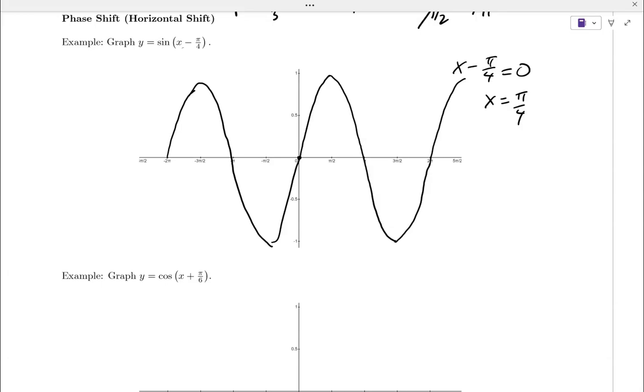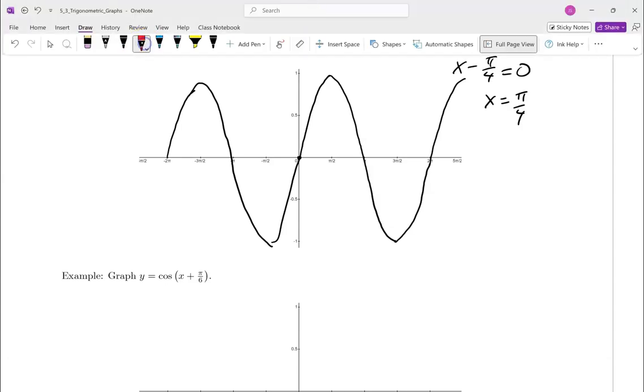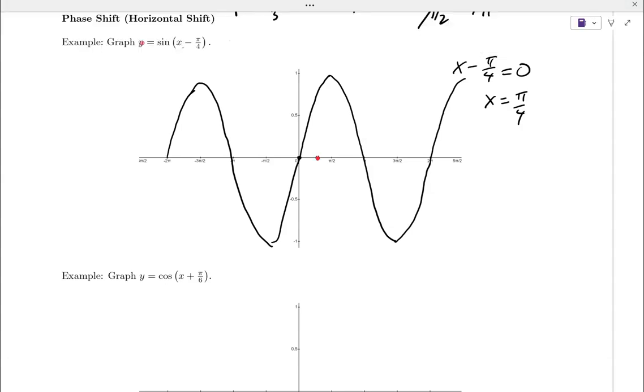We want to shift it pi over 4 to the right, then I'm just going to take all of these values and move them pi over 4. So that point at the origin will get moved over. This point over here gets moved over. This one gets moved over here. This one gets moved over here. That one goes about there.